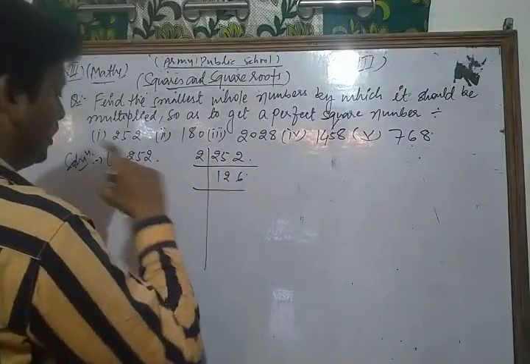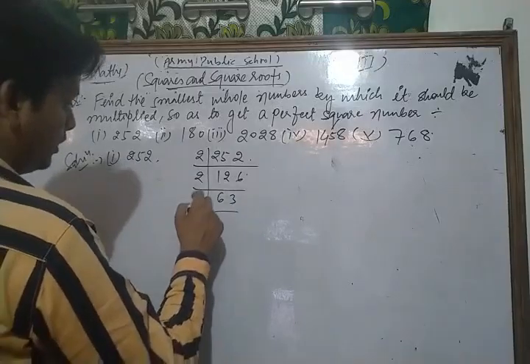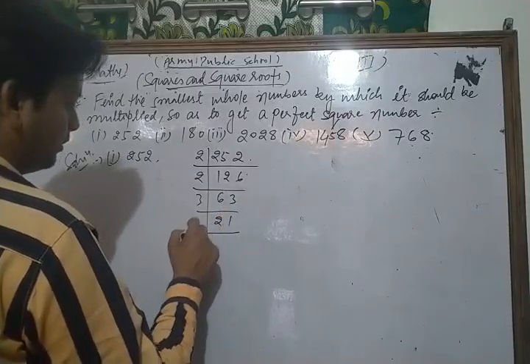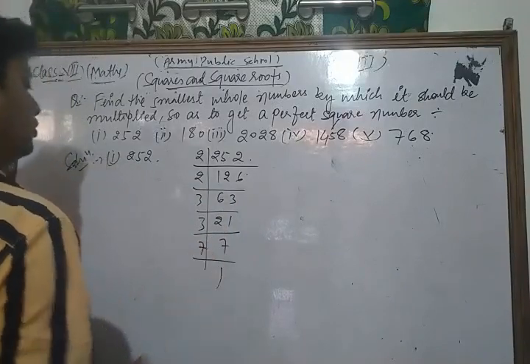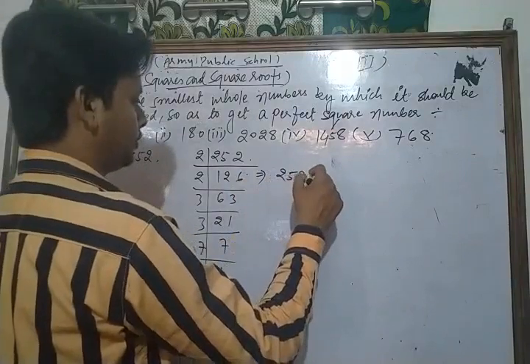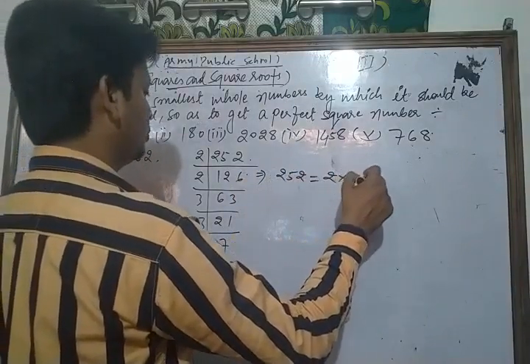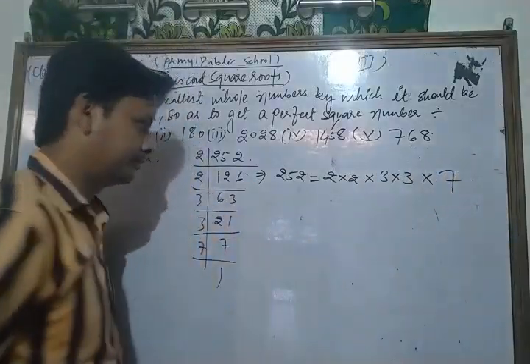Now 2 3s are 6. Now from 3, 3 1s are 3, again by 3, 3 7s are 21. Now 7 1s are 7. Now in this way we get 252 is equal to 2 into 2 into 3 into 3 into 7.